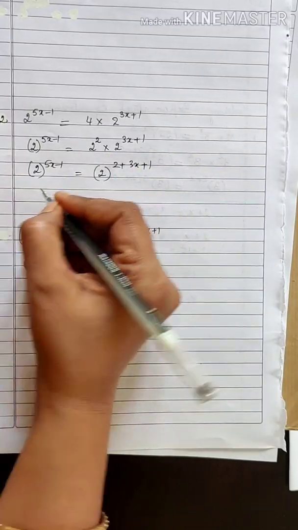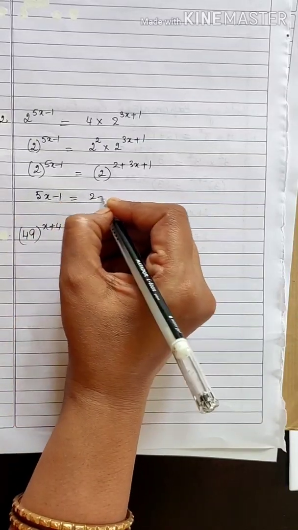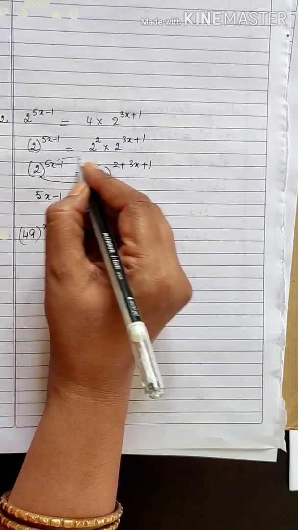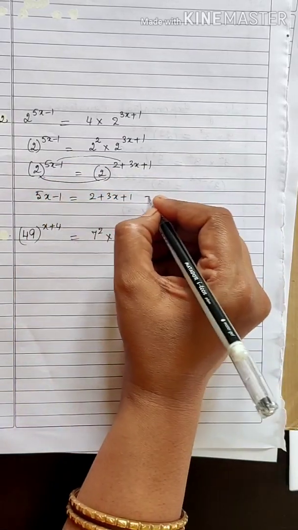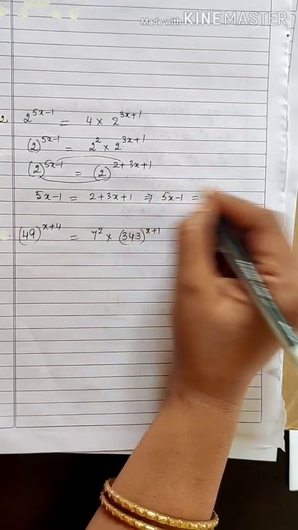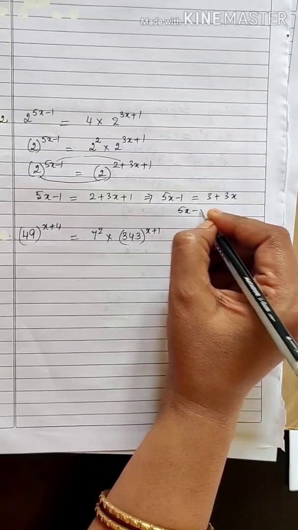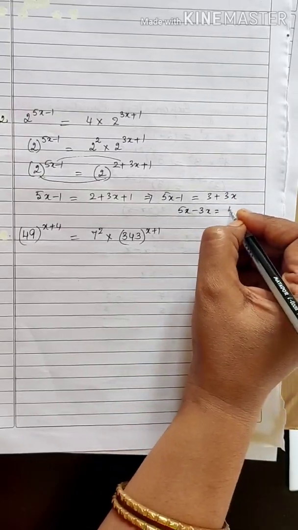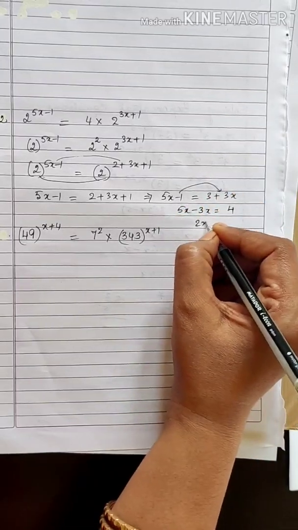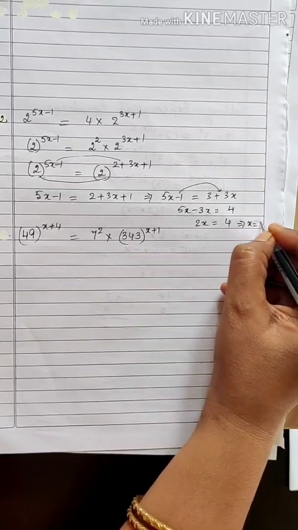So you get 5x minus 1 is equal to 2 plus 3x plus 1. When the base is same, powers are equal. So you get 5x minus 1 is equal to 3 plus 3x, or 5x minus 3x is equal to 3 plus 1, 4. So you get 2x is equal to 4, or x is equal to 2.